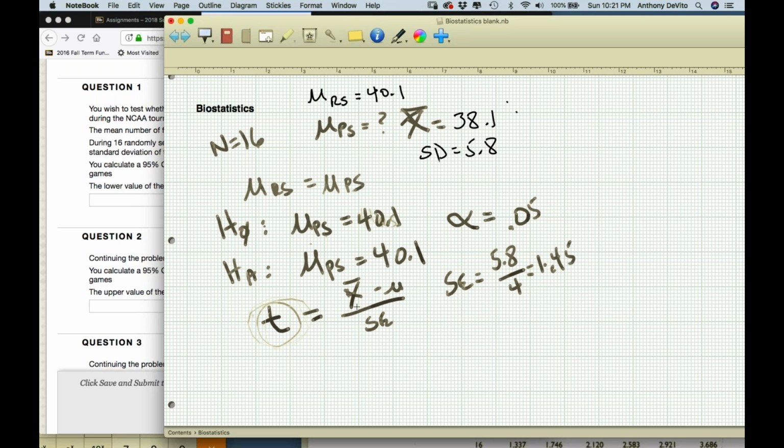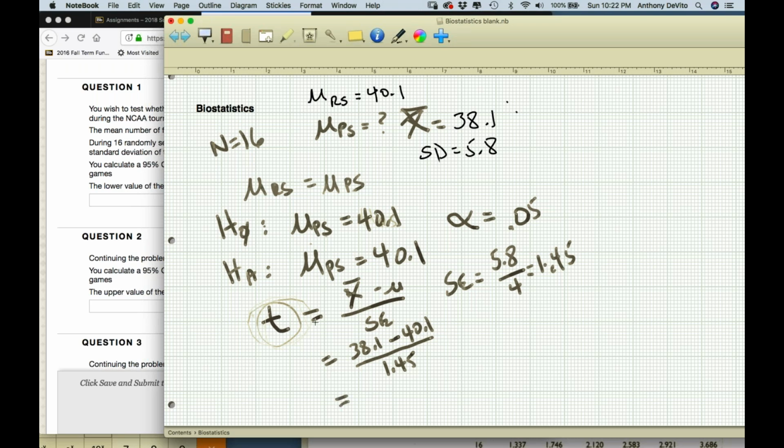Right, so it's going to be equal to x bar. Let's see what that comes out to. X bar is 38.1 minus mu, which is 40.1, the known value, over my standard error, which is 1.45.